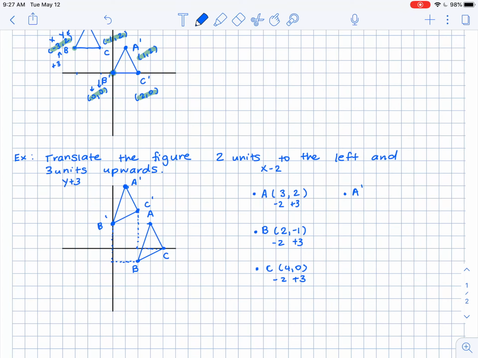So that means our new A is going to be 1, 5, which it is. Our new B is going to be 0, 2, which it is. And our new C is going to be 2, 3.